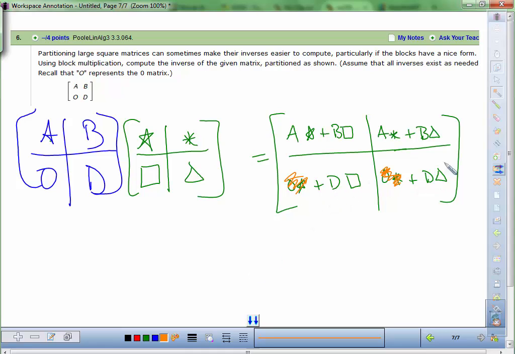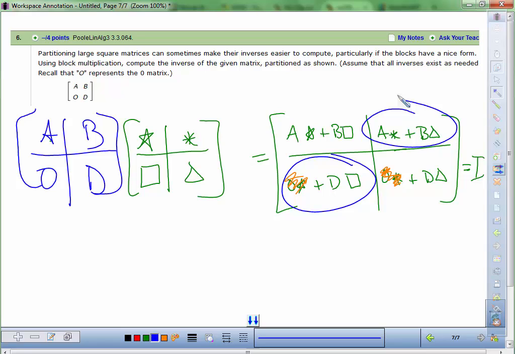If this is supposed to be the identity matrix, then I can pretty much guarantee that this and this should equal 0, because you should have 1s on the diagonal and 0s everywhere else. So if it's not along the diagonal, then it has to be 0.